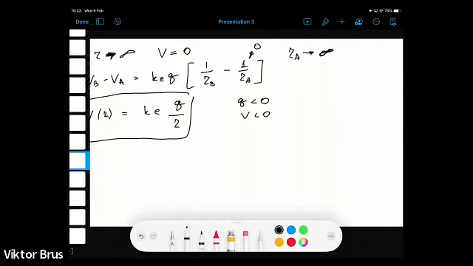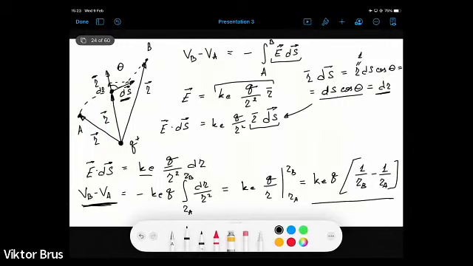So that means, if we come back to our image here, that so-called equipotential surfaces, they are spheres with this electric charge in the center.